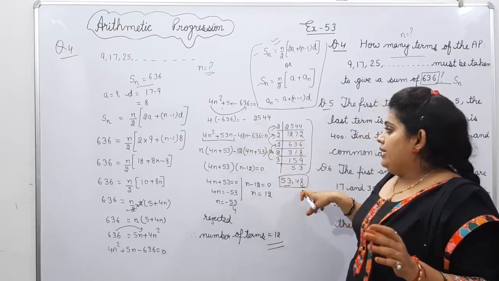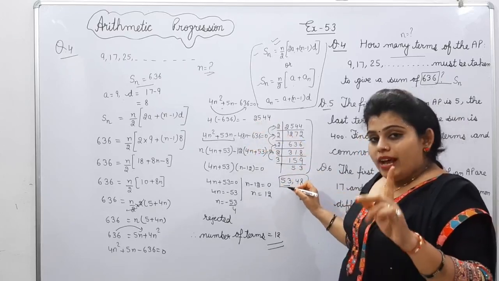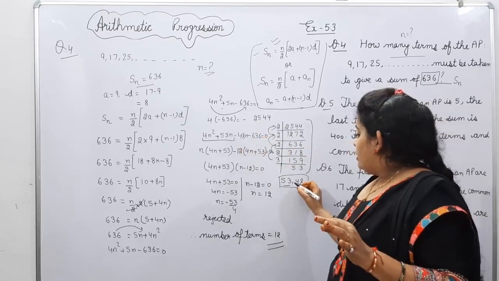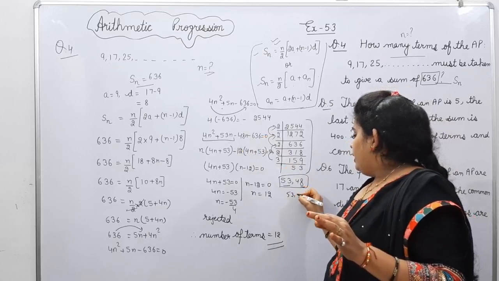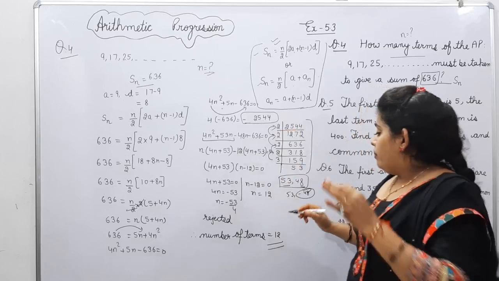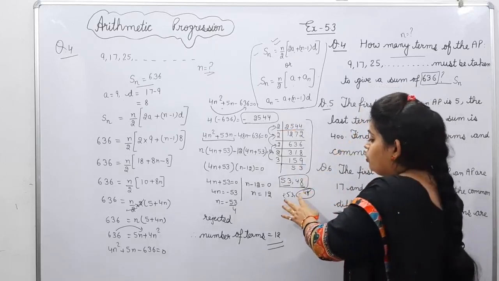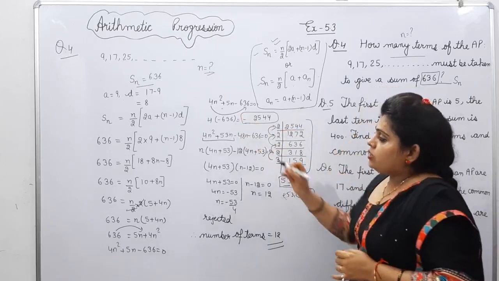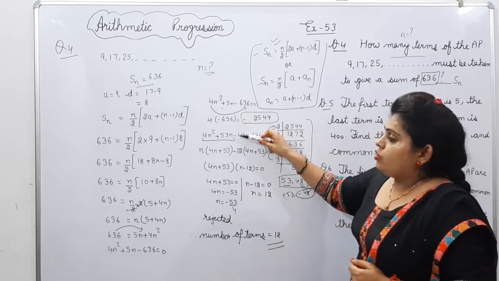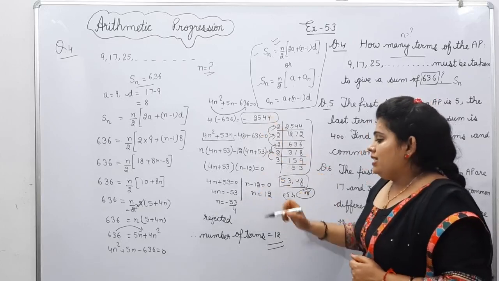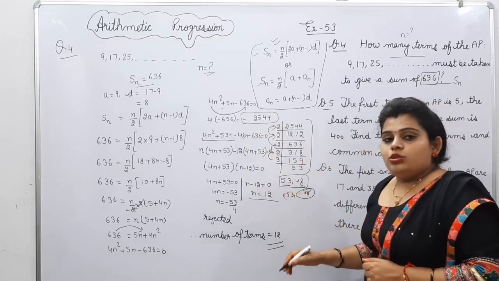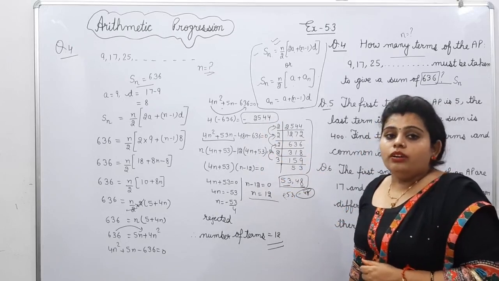And on adding these, means one will be of plus and one will be of minus, because when we multiply plus and minus, only then we get the minus. That's why this 53n will be of plus and 48n is of minus. So on solving this, we get n is equal to 12. So number of terms are 12. This is our question number 4.